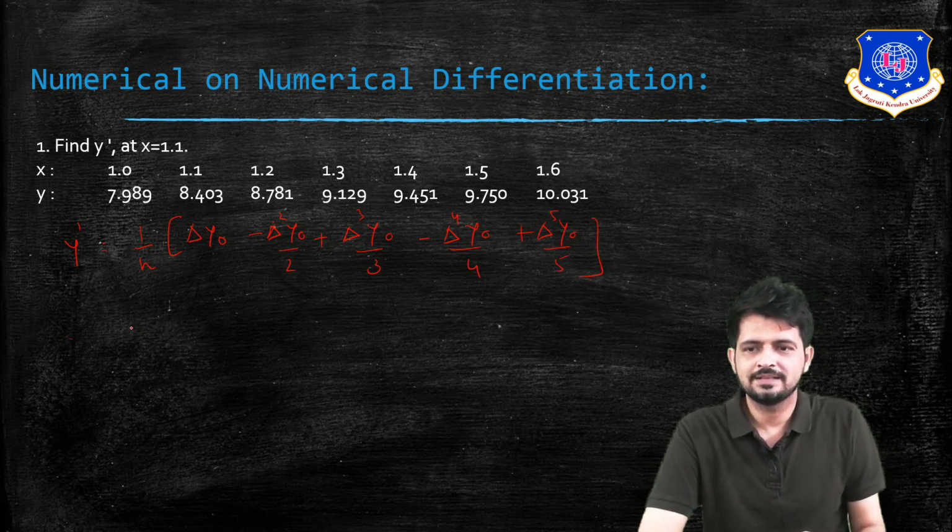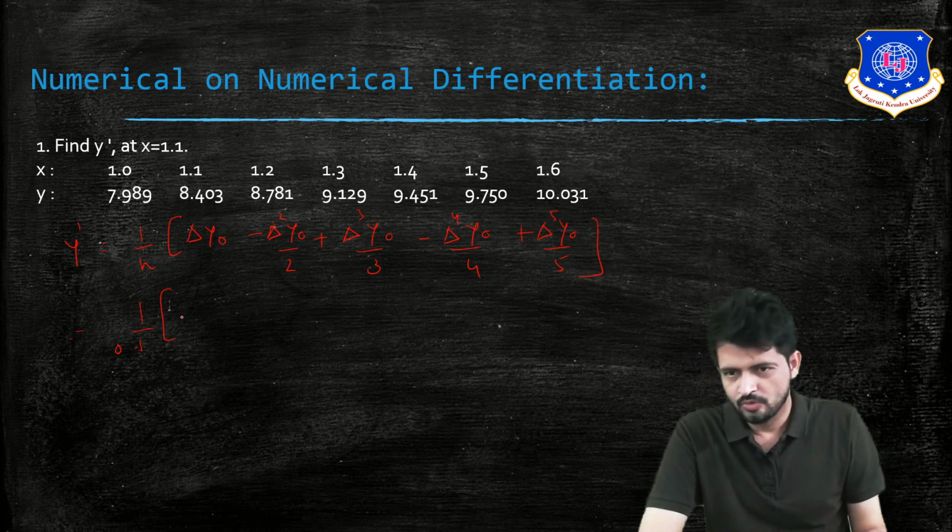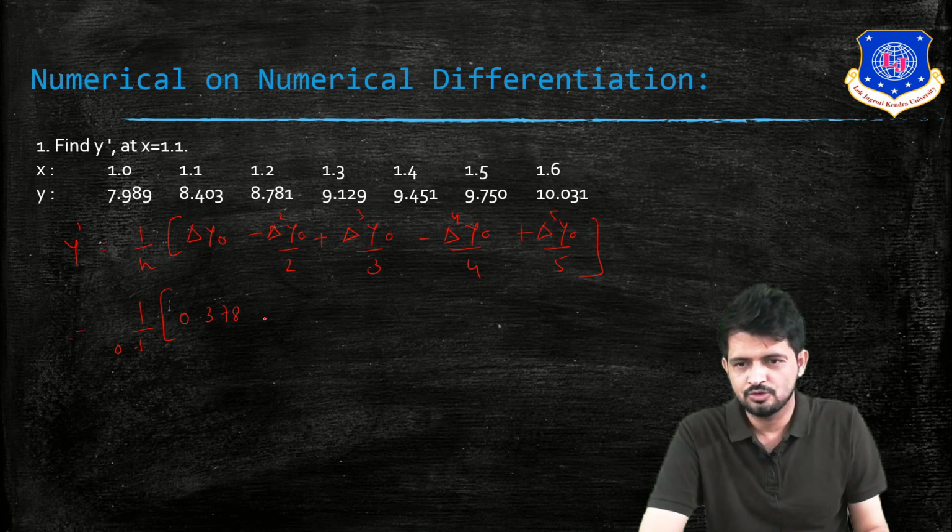Okay, by placing all of these values, what is the value of h? H is equal to 0.1, so 1 upon 0.1 del y0. See, here we have to take 0.378, we have to take the second value of the table, right?